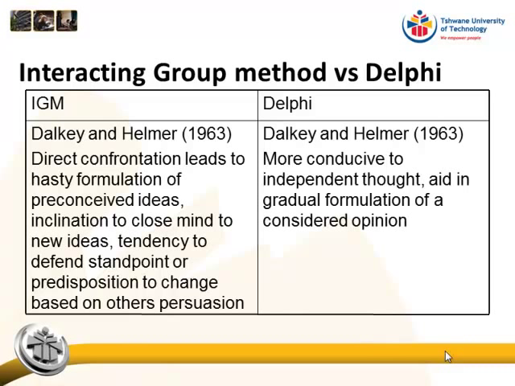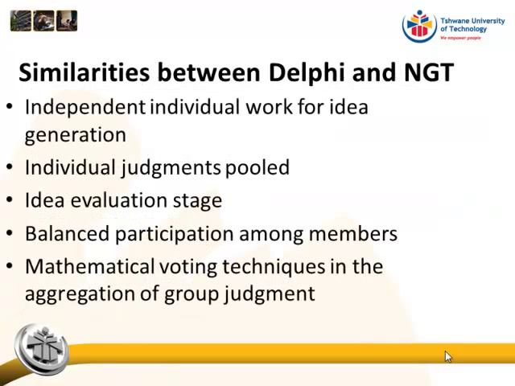The Delphi specifically is more conducive to independent thought, and it aids in the gradual formulation of a considered opinion. And you will see why as we go along. Okay, so the similarities between the focus group and the Delphi are that it's about independent individual work for idea generation. You then pool the judgments of the individuals, and you then evaluate the ideas. Remember when we did the focus group, we drew that fishbone diagram where we evaluated the ideas.